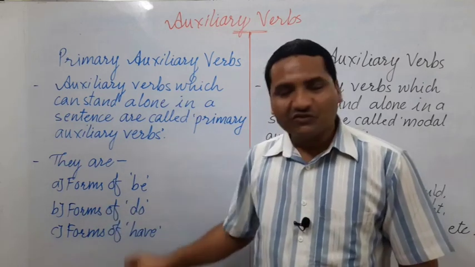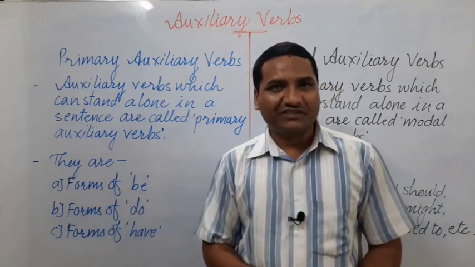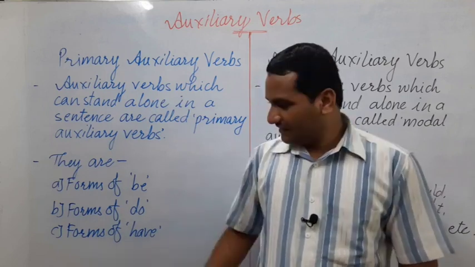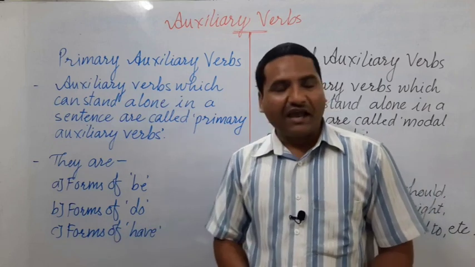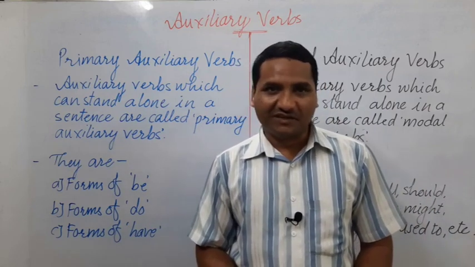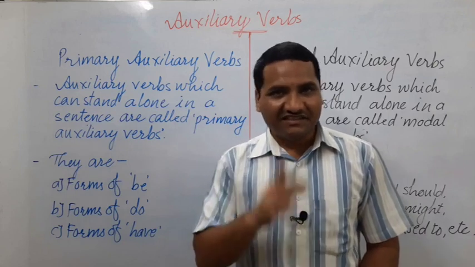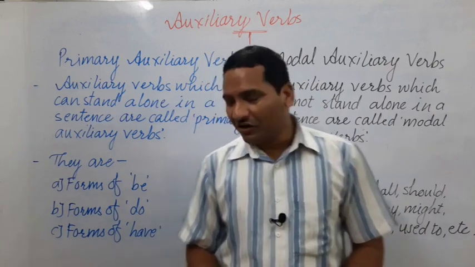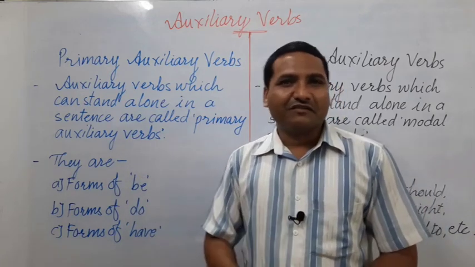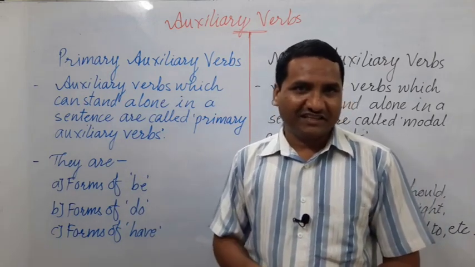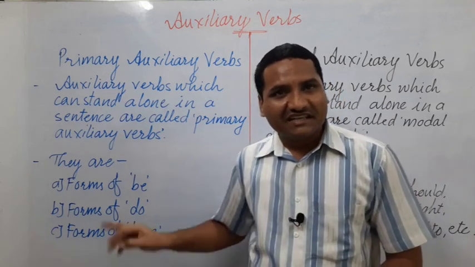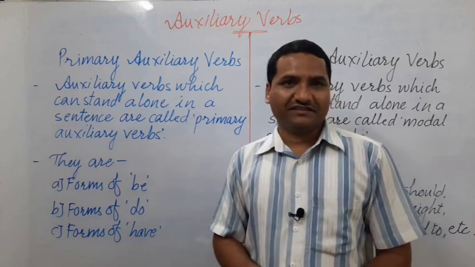These are forms of be. Second is forms of do. In present, do and does. In past, did. Next is forms of have. In present, have and has. In past, had. Let's see examples. For example, they are my friends. In this sentence, are is a primary auxiliary verb and it can stand alone in a sentence.